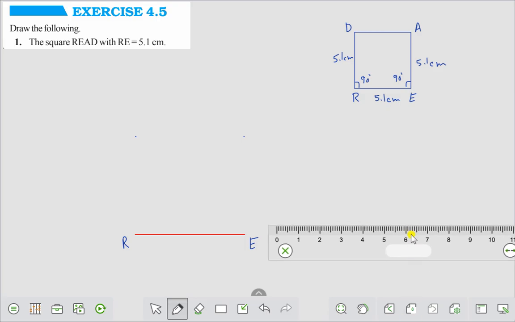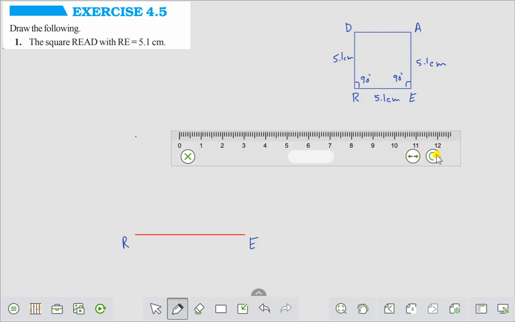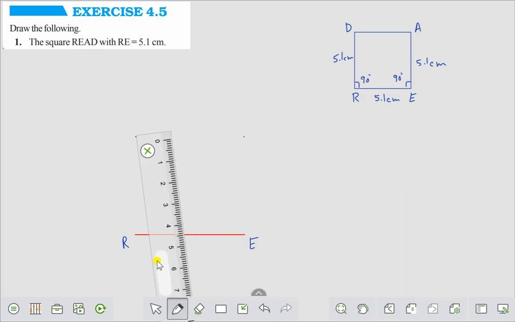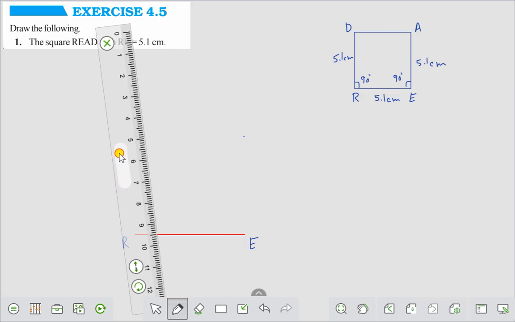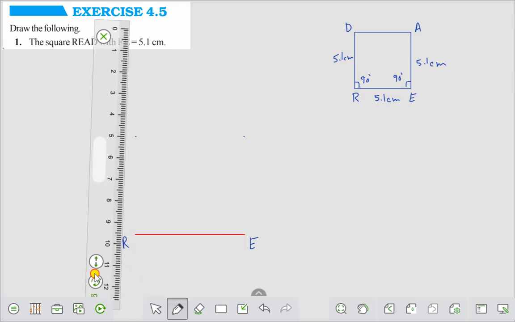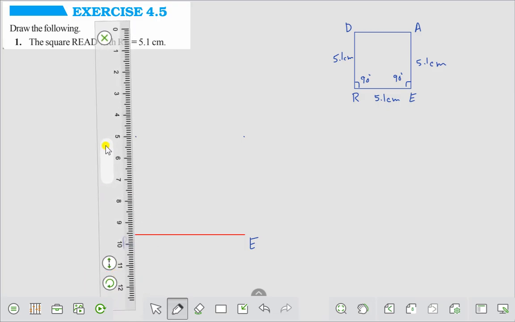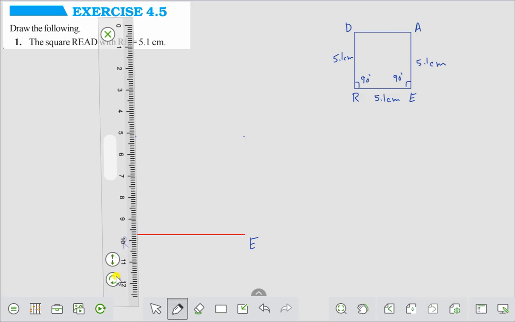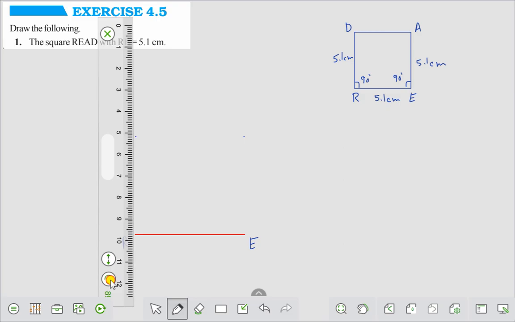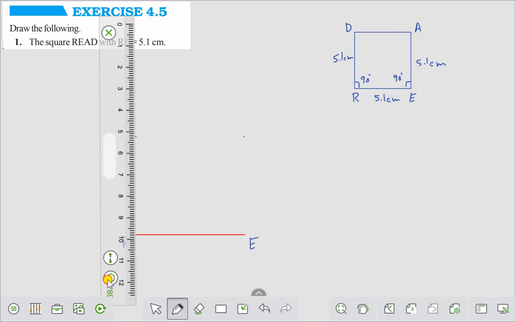With the help of this ruler, draw the line to make 90 degree at point R and at point E also. Right? Now draw this 90 degree.